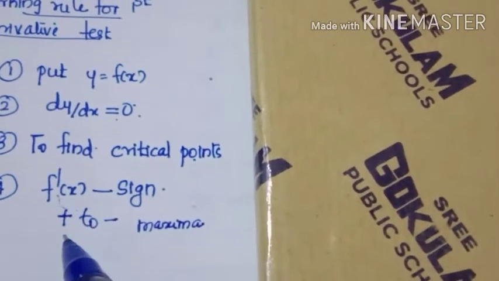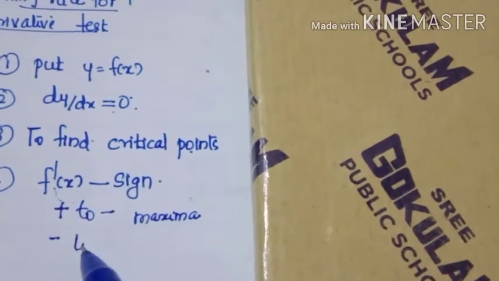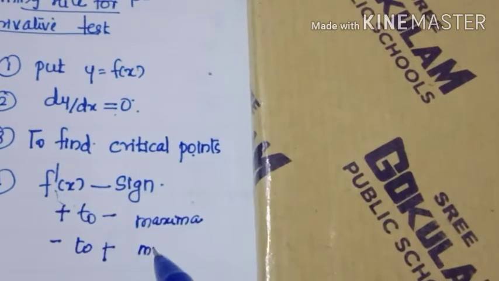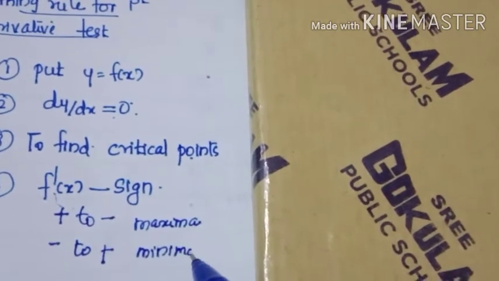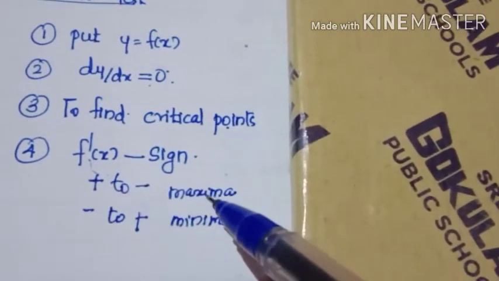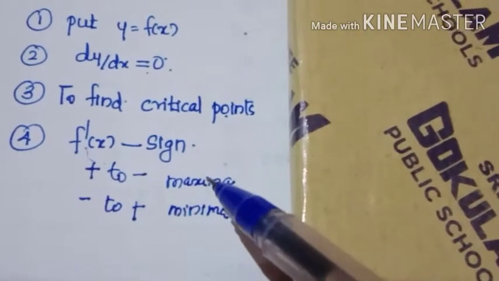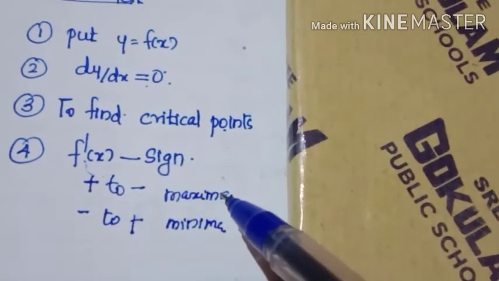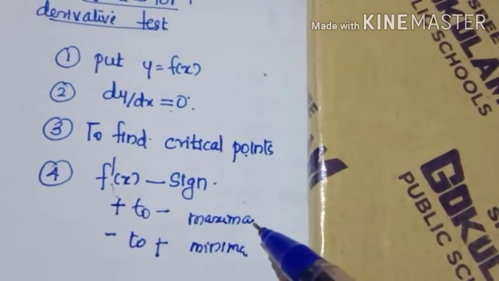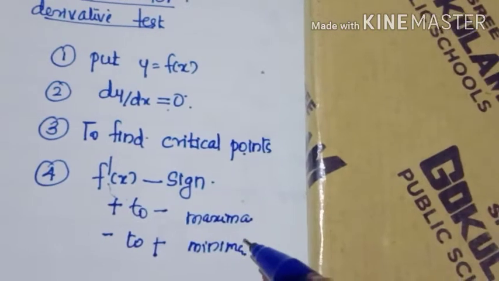If the sign of f dash of x changes from negative to positive, then it leads to local minima. So these are the steps to check whether the function has local maxima or local minima, and to find the local maximum and local minimum values.